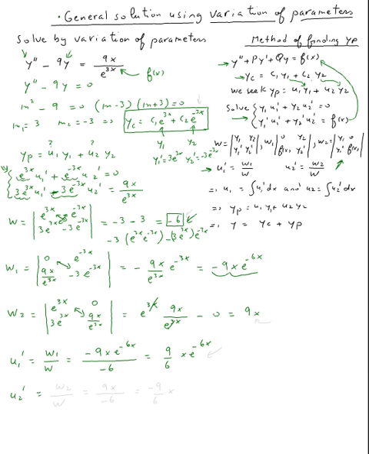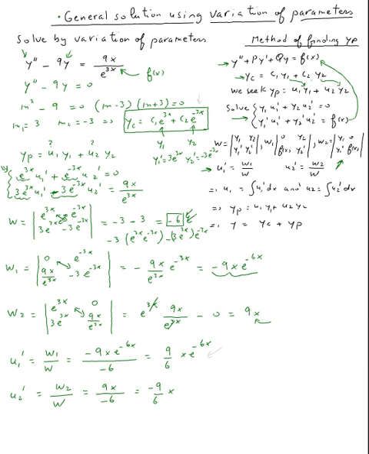Then u2 prime is equal to W2 over W, which is 9x over negative 6, so it's minus 9 over 6 x.